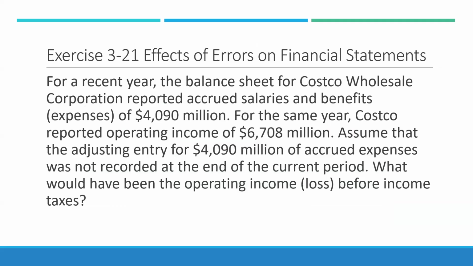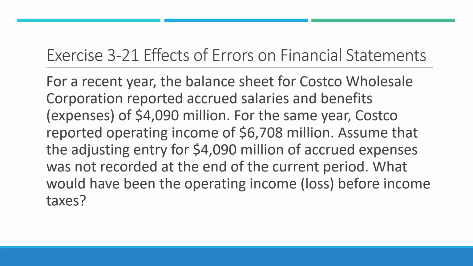Okay, let's look at this one. For a recent year, the balance sheet for Costco recorded accrued salaries and benefits of $4,090,000. For the same year, Costco reported operating income of $6,708 million. Assume that the adjusting entry for $4,090 million of accrued expenses was not recorded at the end of the current period.